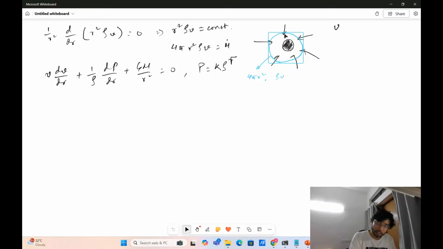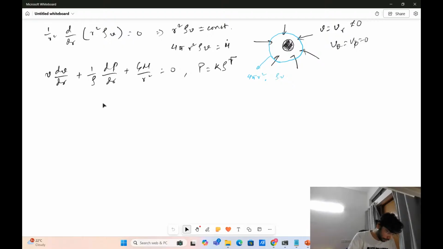So Vr is not zero, but V theta and V phi would be zero. Right? Only radial fall. That's why I only write the radial component. So when I write V, I am writing Vr only, and this is the radial component of the Euler equation. This is the G term, this is the del P by rho term, and this is the V dot del V term. And since it's steady state, del v by del t is 0. Okay, I think that's fine.